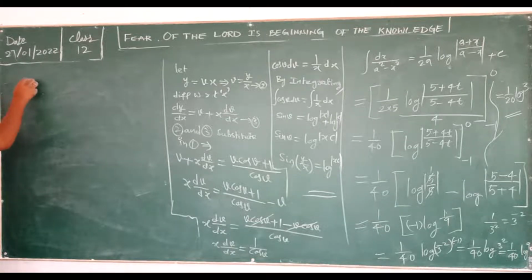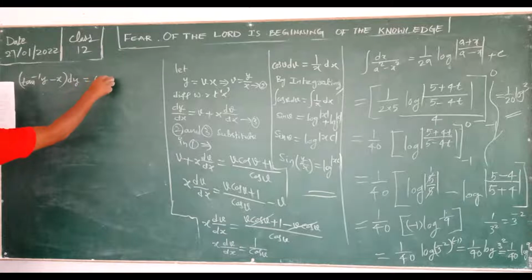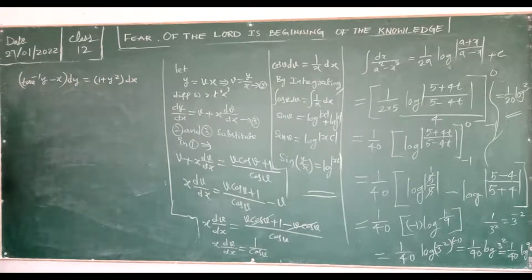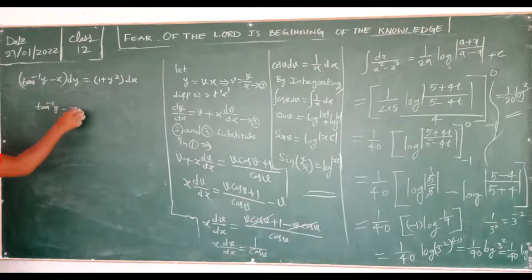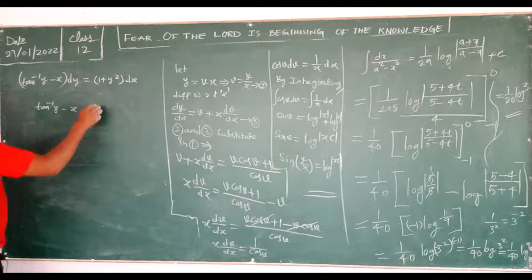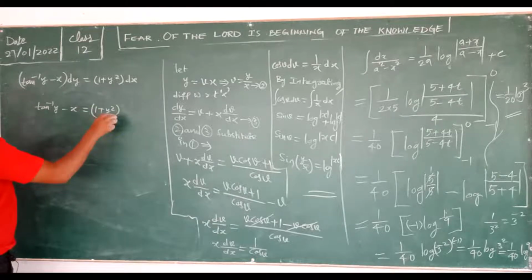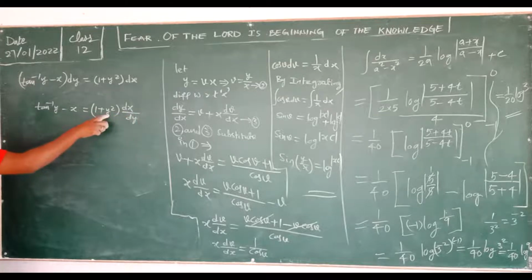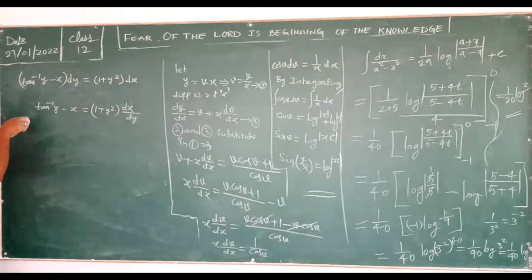Next one also. Tan inverse y minus x into dy is equal to 1 plus y square into dx. Okay. So now it is not possible to write in dy upon dx form, so we'll write the inside division. So I'll write tan inverse y minus x is equal to 1 plus y square into dx upon dy. Now here 1 plus y square is multiplying, it comes to the other side as division.